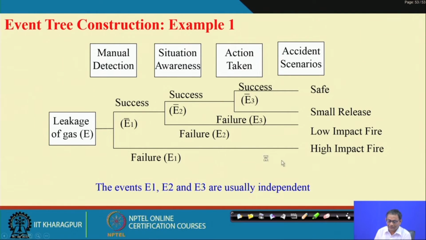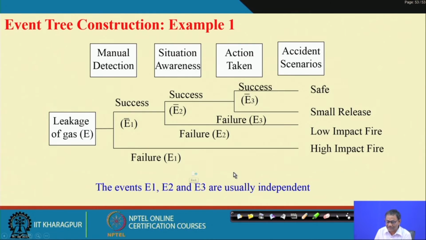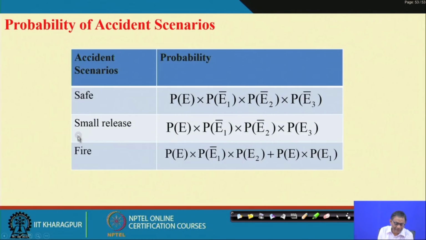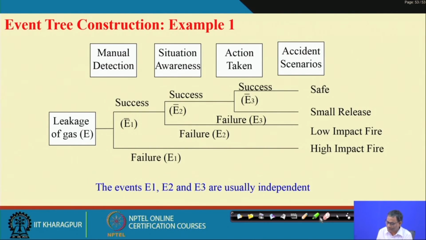So, then what happened, you see safe: probability of leakage occurring, then E1 bar, E2 bar, E3 bar. You see what is E1 bar? E1: manual detection successful, situation awareness successful, action taken successful. Probability of this is PE1 bar, and this is PE1.